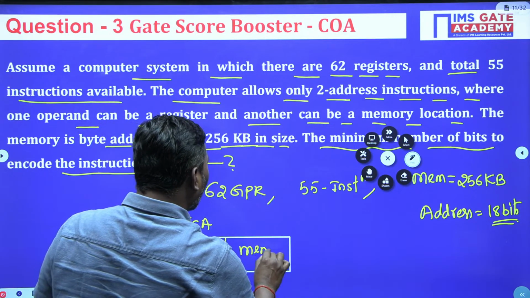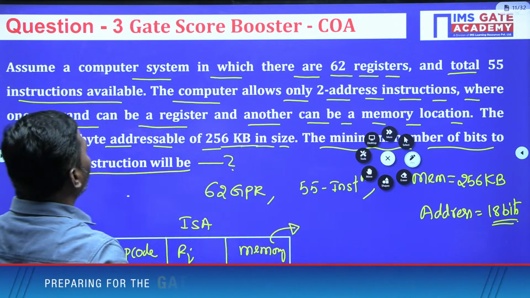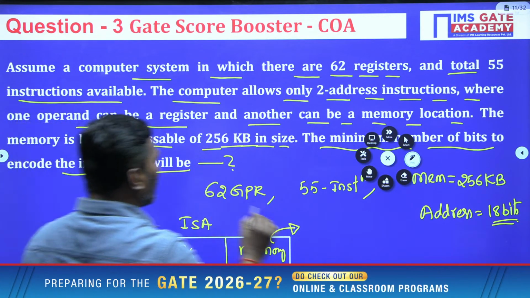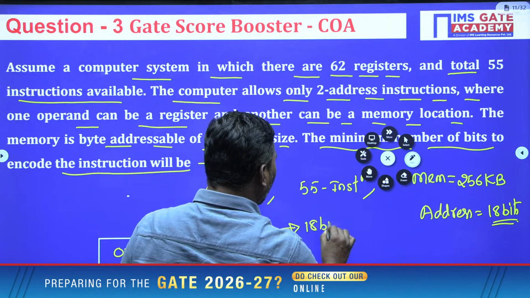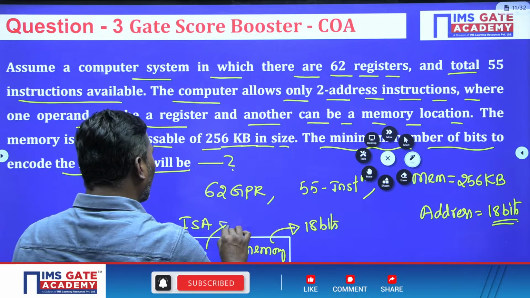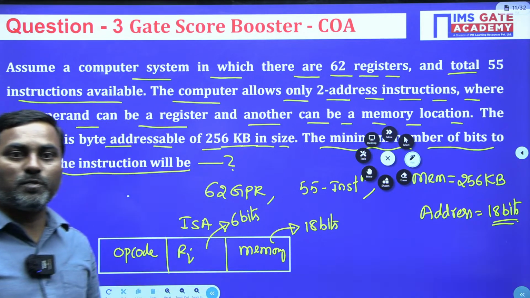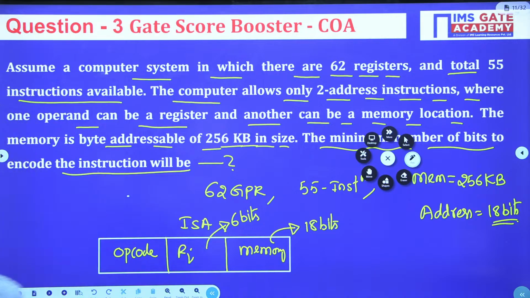For this memory address field, how many bits are required? Because of 256 kilobytes, 18 bits are required. There are 62 registers. How many bits are required for this? 6 bits required. Am I right? Very nice.